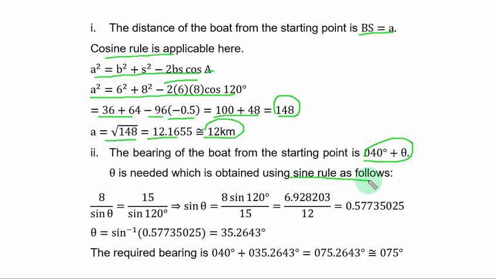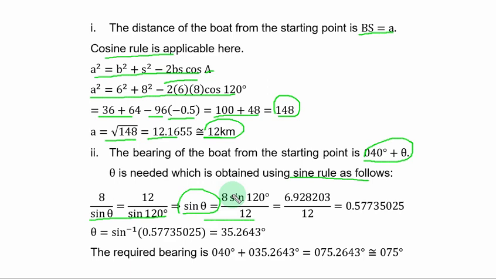The angle of 120 degrees, the side facing it is this 12. So the sine rule is stated in this form. If you make sine theta the subject, you have this result.